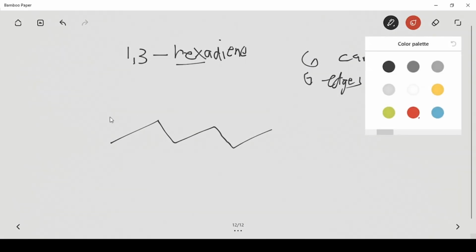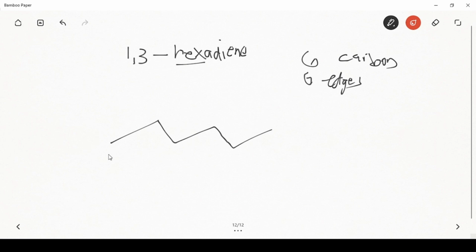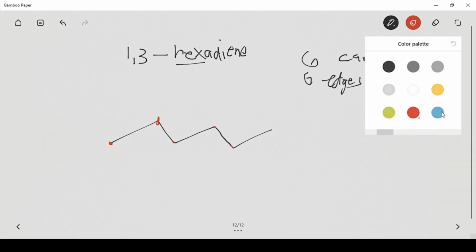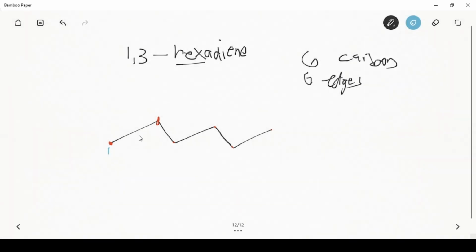Now, whenever we make the skeletal or full structure, we start counting on the left side. So 1, 2, 3, 4, 5, 6. So this is carbon 1, carbon 2, carbon 3, carbon 4, carbon 5, carbon 6.